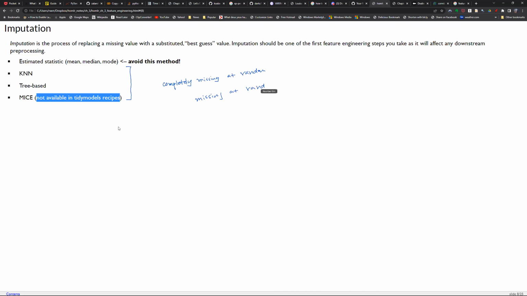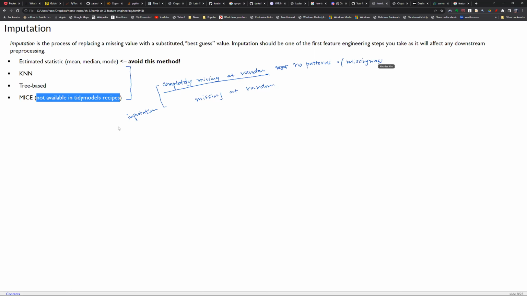Yes, these are terms we have to understand when we try to do the imputation, right? Correct. Actually, completely missing at random is where we cannot find any patterns. So exactly. Maybe no clear patterns of missingness.